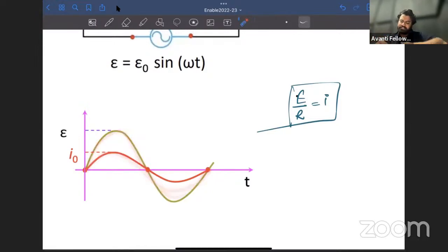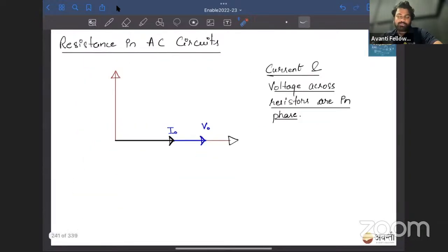But you can see when the EMF is 0, current is also 0. Again when EMF is 0, current is 0. When EMF is maximum, current is also maximum. Means they are going hand in hand. There is no phase difference between them. Clear? The value is less or more, but they are going together, just like wife and husband. Anyways, let's make a phasor diagram. What is a phasor diagram?